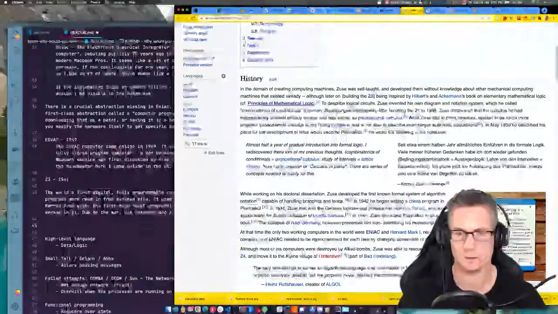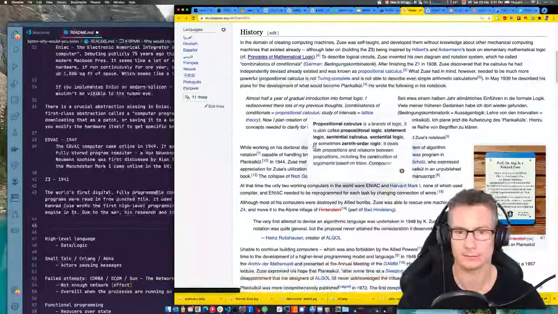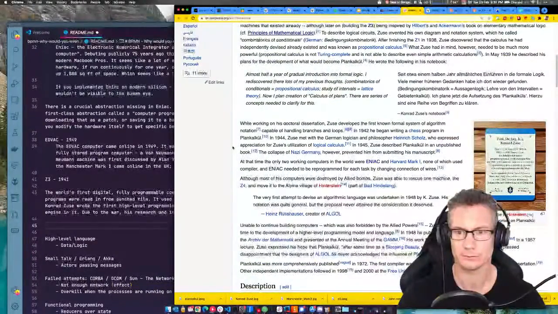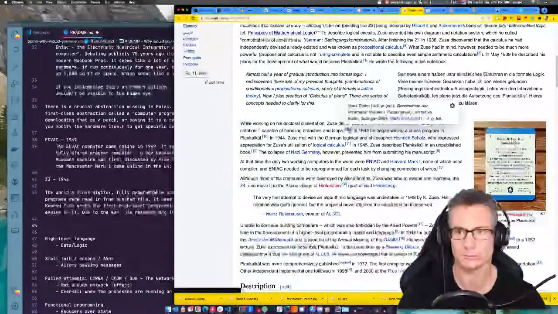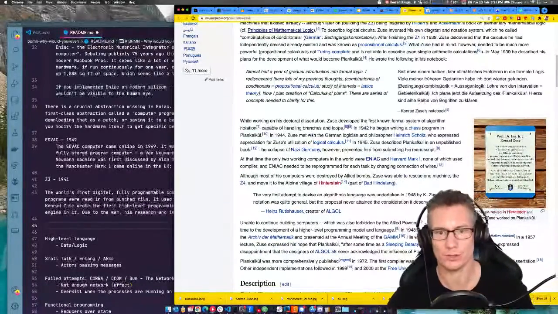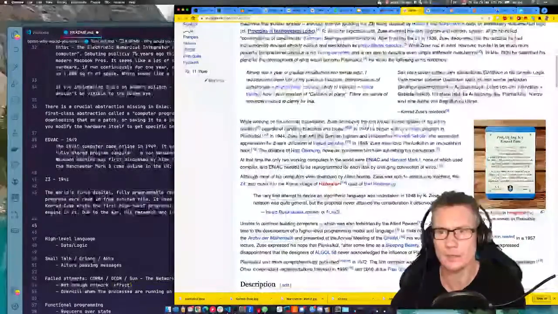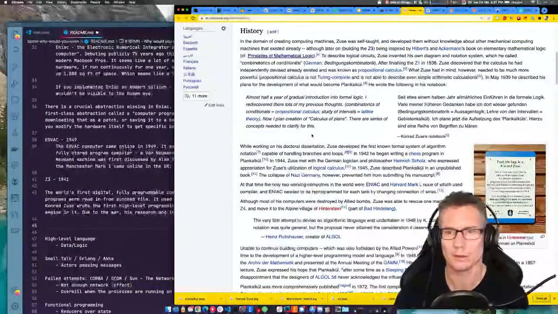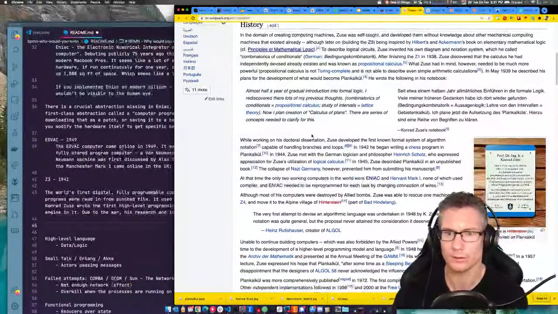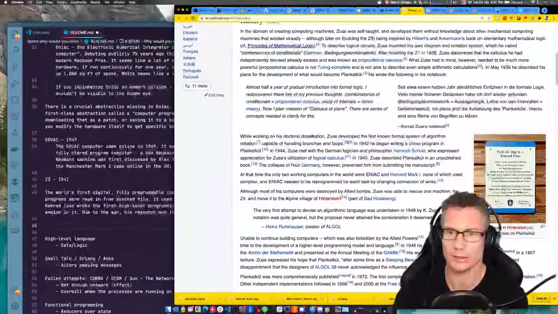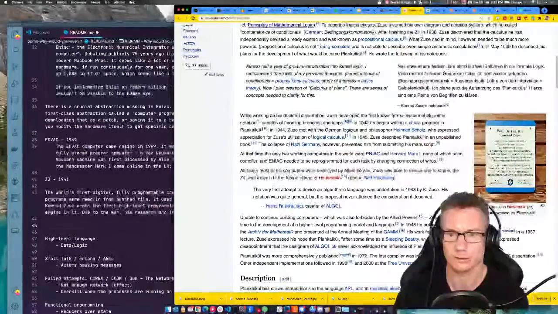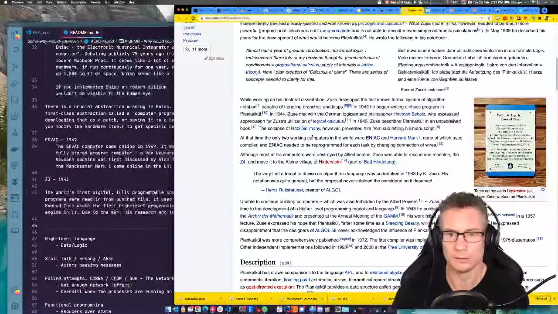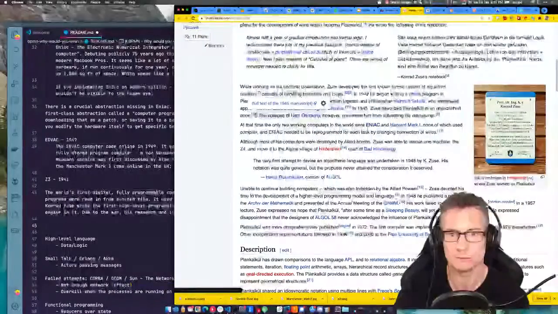Combinatorics, propositional calculus, lattice theory. Wow. (1942). So when did he write Plan Calcul then? Okay, so he started developing it in 1939. Ooh.